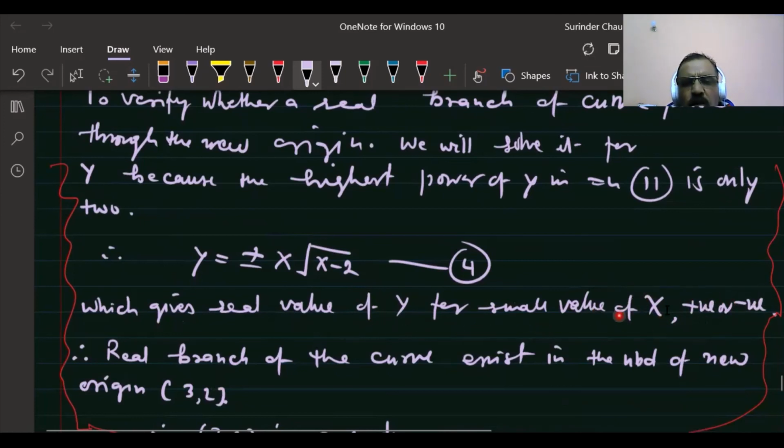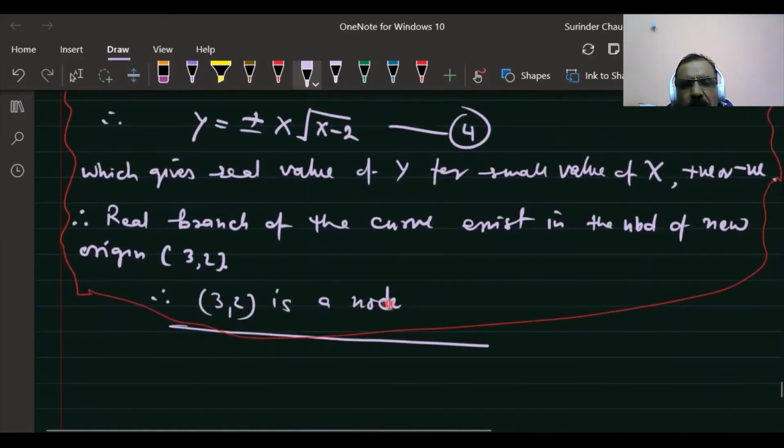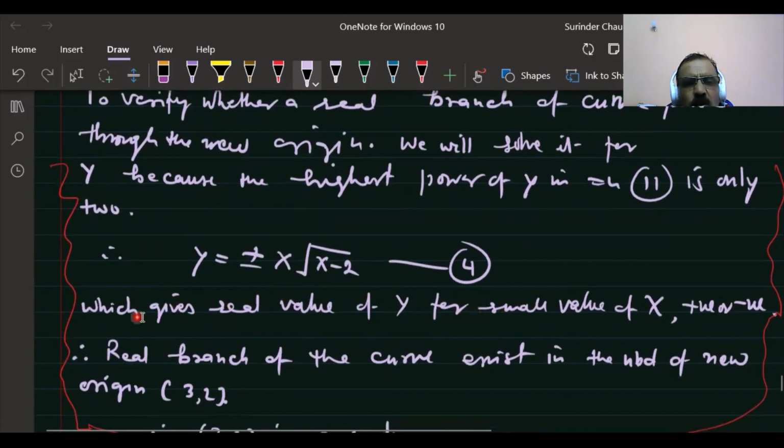The new origin is at (3, 2), which is (0, 0) for that. So for x very close to 0, this gives real values of y for small values of x, positive or negative.